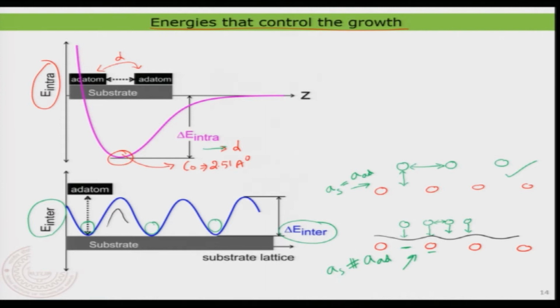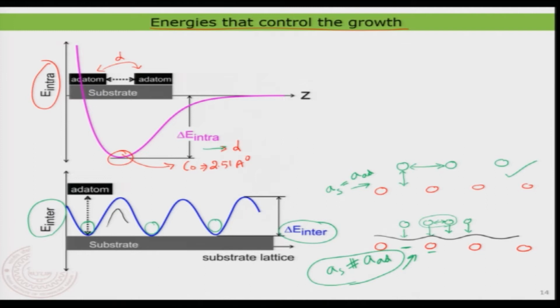You will see in greater detail how the systems in the real case, that you would find that this is something that you are going to encounter most of the time, where the surface lattice is not equal to that of the adsorbate lattice. In that case what is going to happen, that this contribution, that means the add atom interaction, is not going to contribute in a positive way.